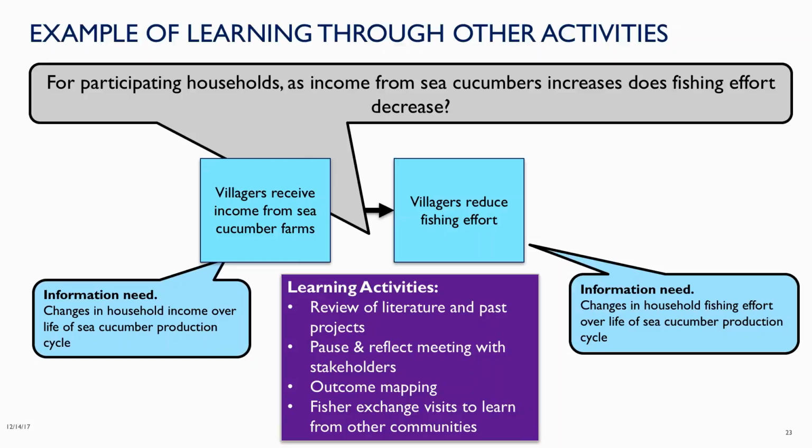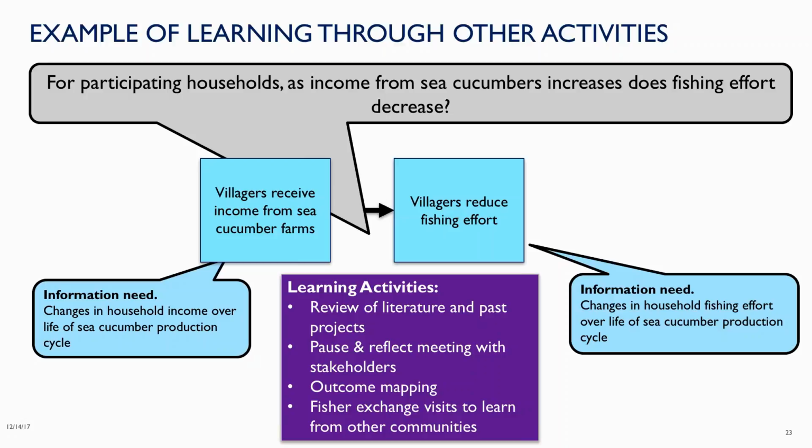You could do something like outcome mapping, where you're looking at changes that have occurred and then trying to understand how these changes came about. And then you could also do fisher exchanges. If you've got other communities that are more advanced in the project, you can bring newer communities to them to learn from each other and understand what's happening.